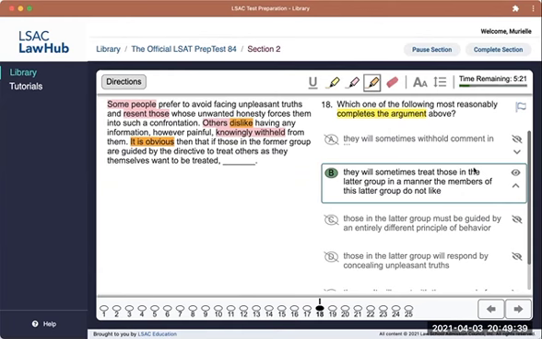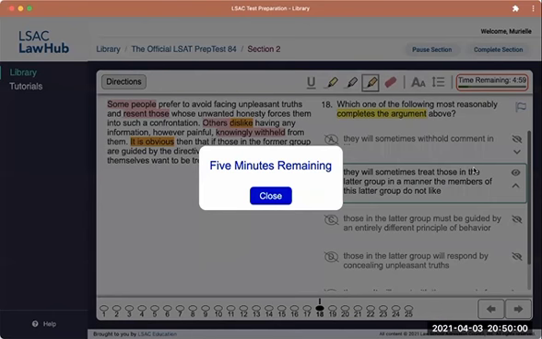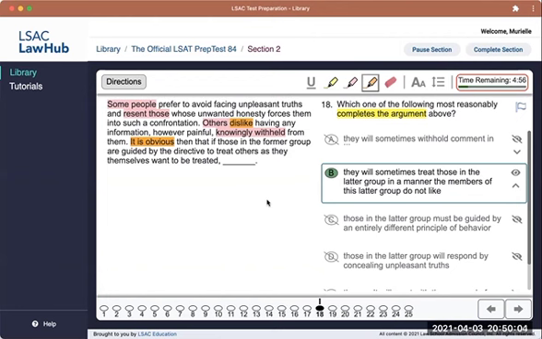If you think, okay, I've got to try to anticipate what comes next, you're really going to be paying attention to what's happening currently so that you can make that prediction, right? And it also helps because you're getting into the mindset of the test writers a little bit, again, by anticipating and predicting.